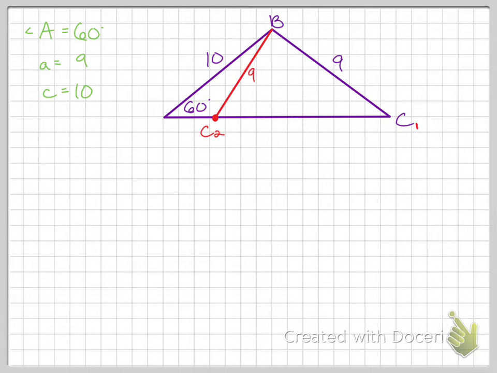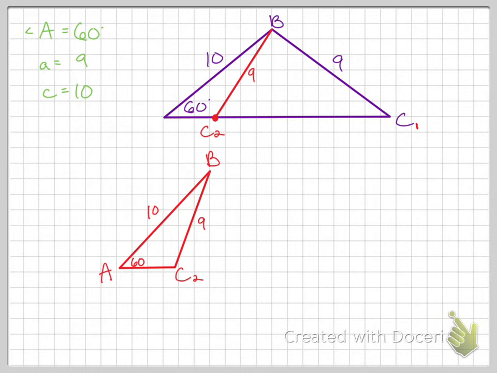So, understand that my triangle could have been the big purple triangle, or it's still possible that the triangle they were describing, A, B, I'm going to call it C2, this could have been 60, this could have been 10, and that could have been 9, and it could have built my red triangle instead.